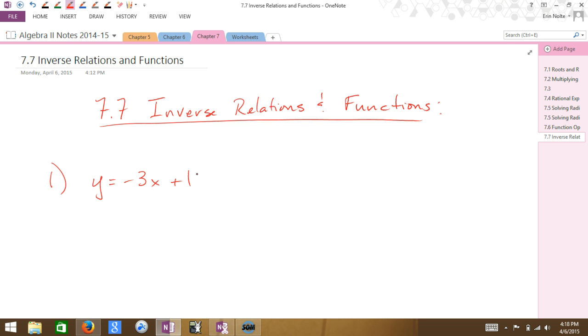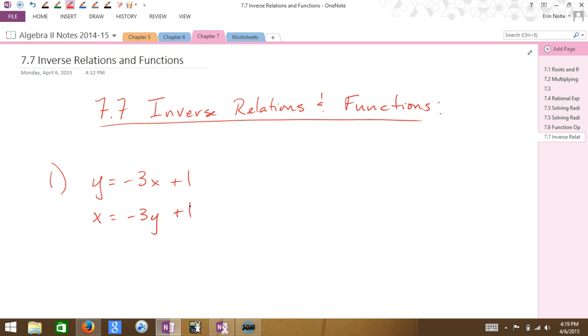Okay, so all you're going to do to find an inverse of a function is your first step is going to be to change the x and the y, so switch their positions, and then just solve for the y. So if we switch the x and the y, this now becomes x is equal to negative 3y plus 1. So once those are switched, now we're going to solve for the y.